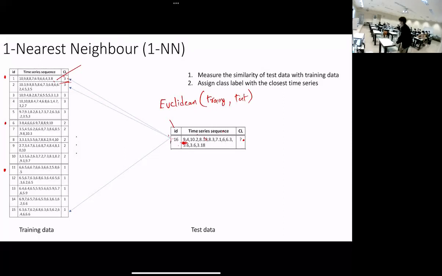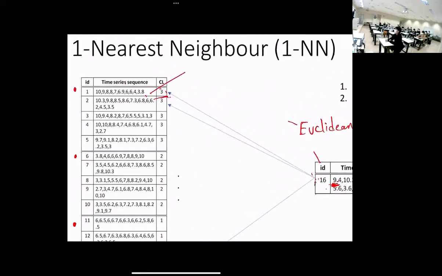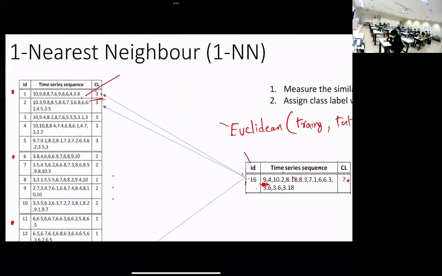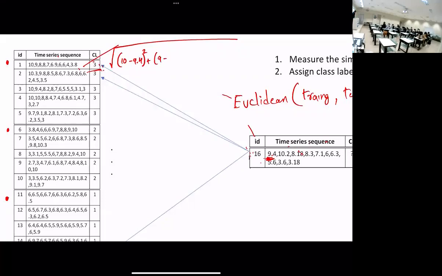But you can't see the class label. Plus 10, 9 minus 10, plus 8 whole square, 8 minus, this is 10.2.